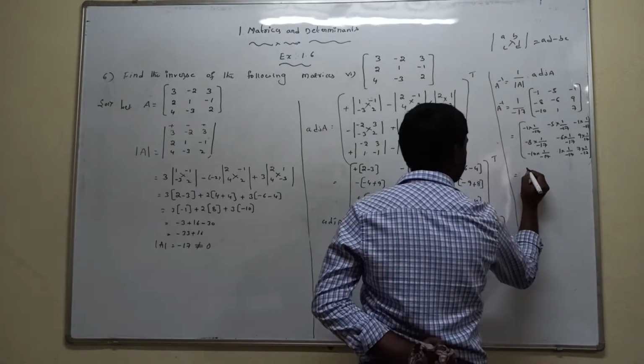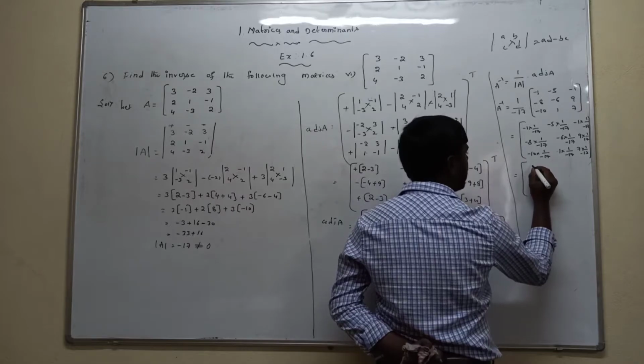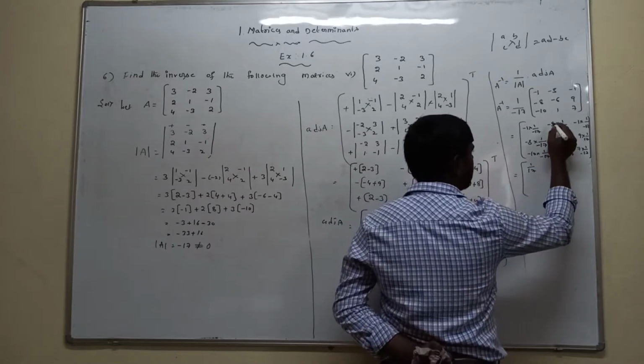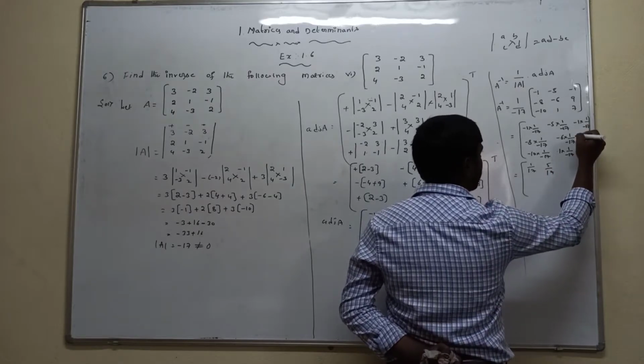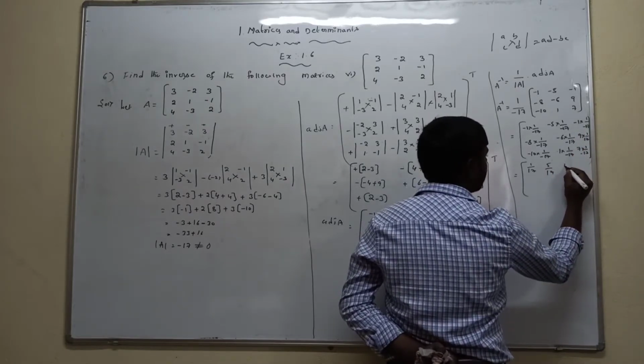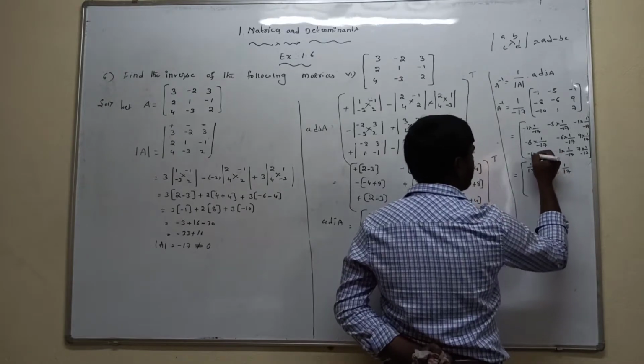Simplify this one. So minus gets cancelled. 1 into 1 by 17 value is 1 by 17. Minus gets cancelled. 5 into 1 by 17, the value is 5 by 17. Minus gets cancelled. So 1 into 1 by 17 value is 1 by 17. Minus gets cancelled.